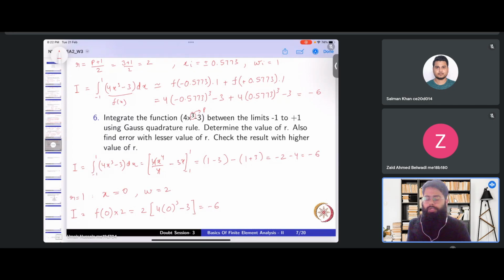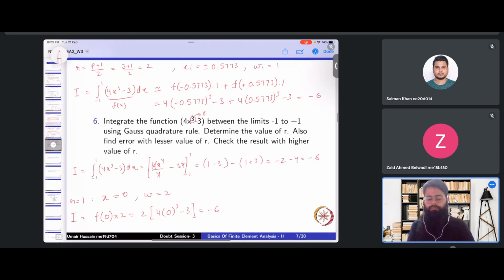So we're already getting an exact solution here. Okay, I hope it's clear how to use the Gauss quadrature method to solve this integral. You can ask if there is any doubt.